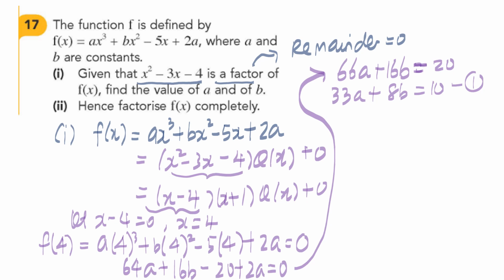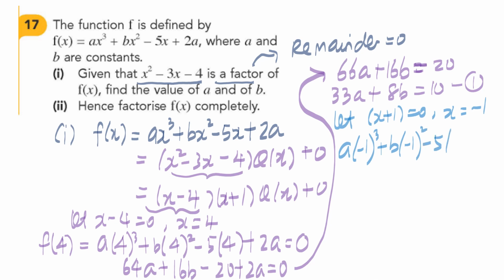Now we can do the second one. We're going to let x plus 1 equal to 0, so x equals negative 1. We sub into our dividend, and we simplify it.